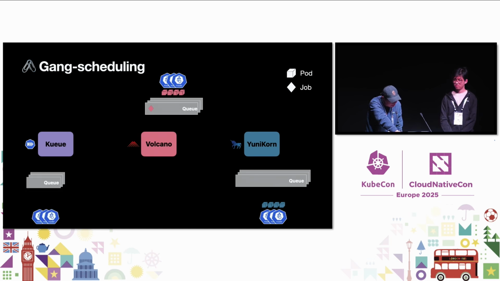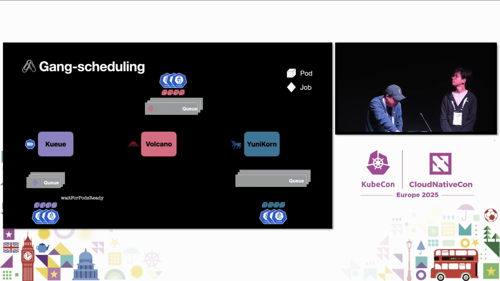For Kueue, it doesn't involve pod scheduling. It leverages other schedulers' pod scheduling capabilities. So once the job is in the queue, once it has passed some basic quota check, it will just create the pods, let the pods be created and tried to be scheduled. So definitely, in some cases, it's possible that not all the pods can be scheduled together.